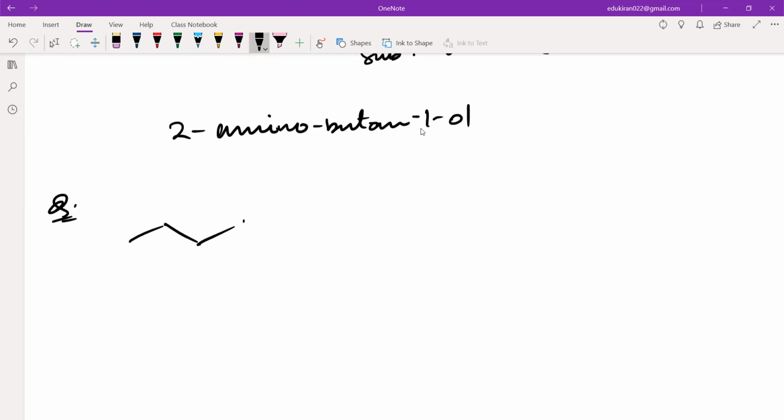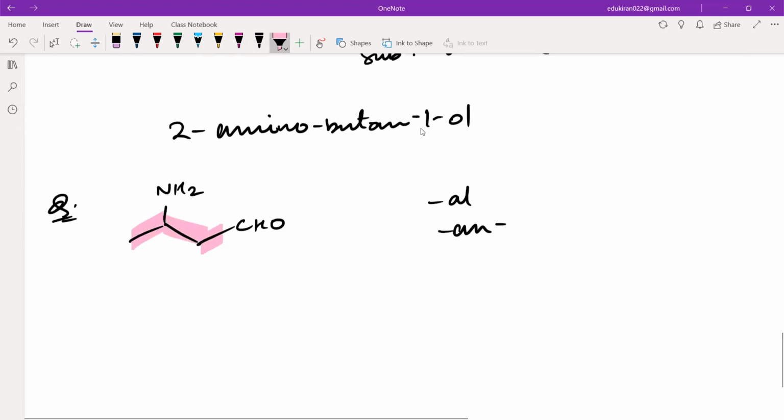1 2 3 4 CHO NH2. ठीक है, तो यहाँ पे आपके पास this is aldehyde, so it will be Al. Then unsaturation is An. Okay, and then you have the parent. So parent is again 1 2 3 and 4. Parent is again 4. It will be bute. Then the substituent is amino.